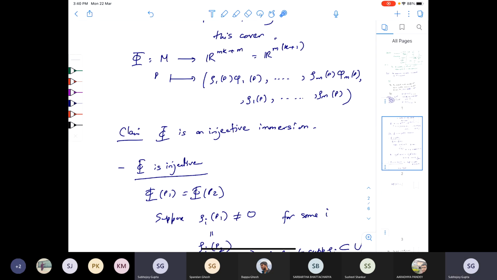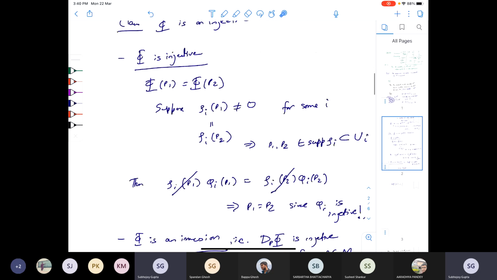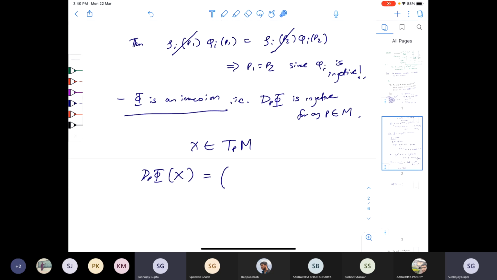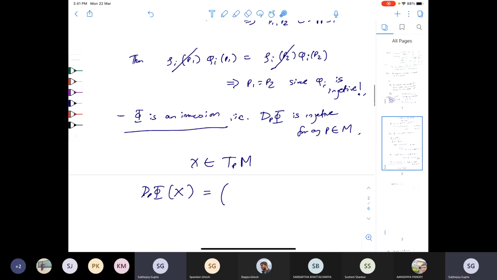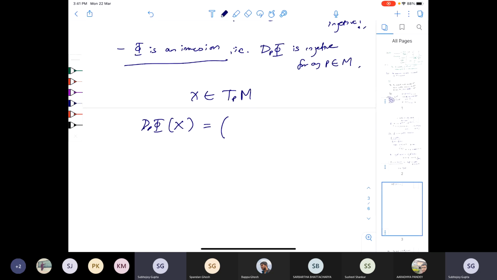So if you talk of the derivative, you can take the derivative of each of these coordinates, and so you can build the matrix that way. So it might as well talk of what this derivative looks like on each coordinate.